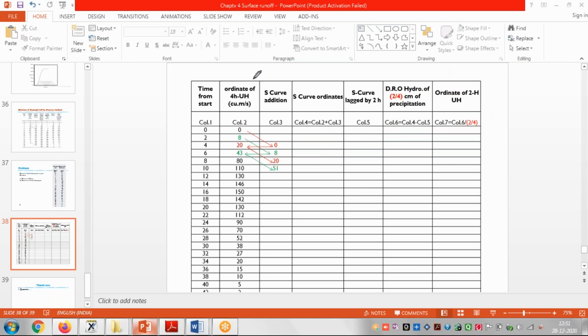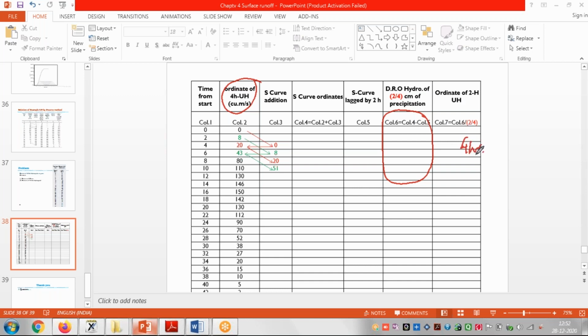See, this ordinate is given for 4 hour, right? So whatever ordinate we get here will be of 4 hour, right?